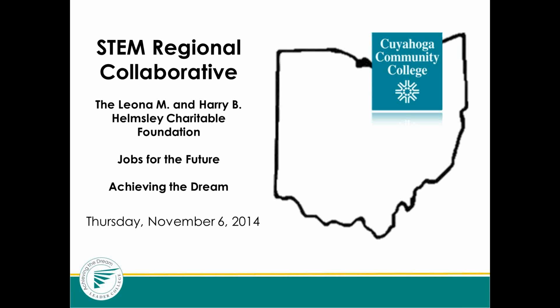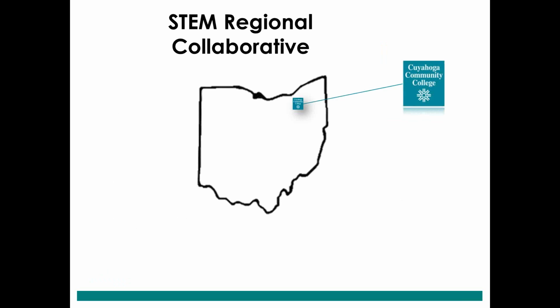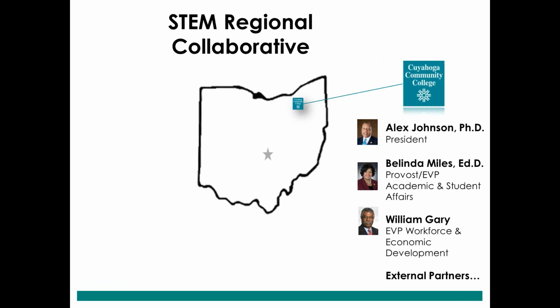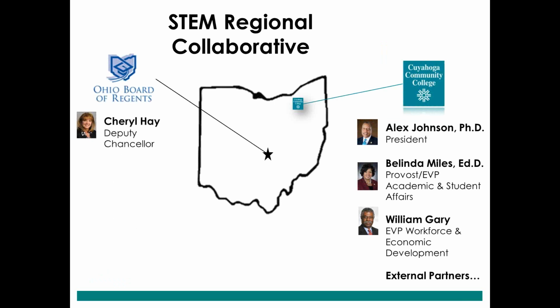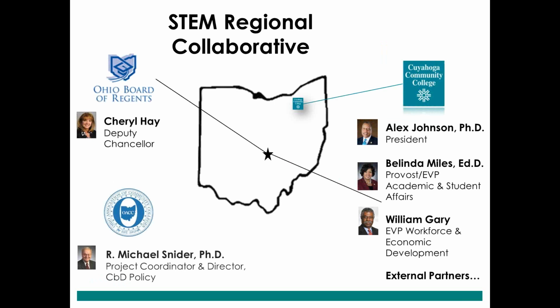And to share how it's really been a collaborative effort, on the next screen you'll see that Tri-C's location is there, but it's really started out with the leadership here at Tri-C, from our president all the way down to provost. The leadership's pretty much formed teams to put everyone together within Tri-C. And then from there, we're also including, obviously, our Ohio Board of Regents, Cheryl Hay, the Deputy Chancellor, and working with the Ohio Association of Community Colleges, Dr. Michael Snyder, him as well.